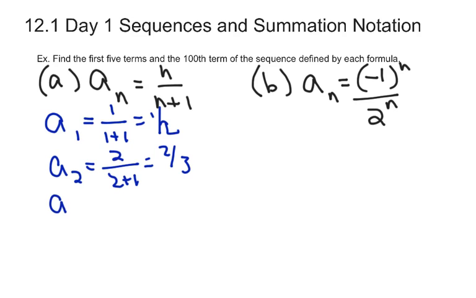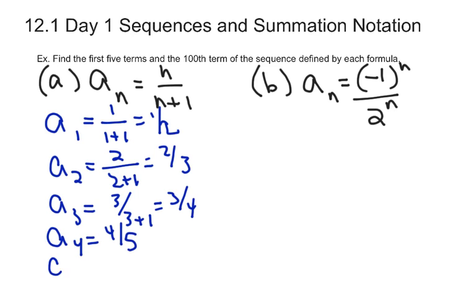To find the third term, you do 3 over 3 plus 1, which is 3/4. The fourth term is going to be 4/5. The fifth term is going to be 5/6. The 100th term is going to be 100 over 101.